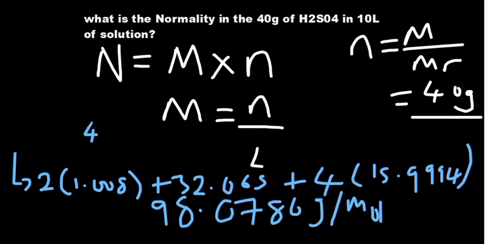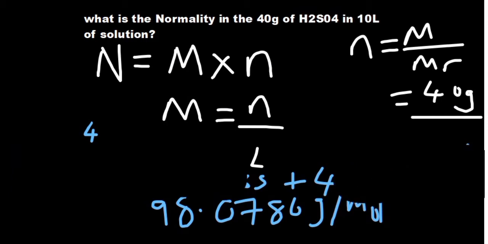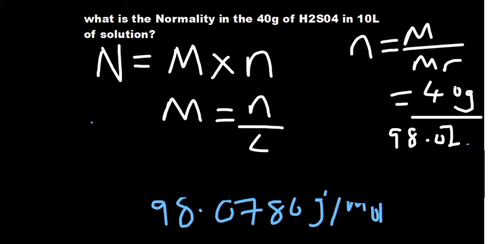Of H2SO4, the given acid in this question. Let's have some space there. Okay, so we are dividing by 98.07, of course grams per mole.